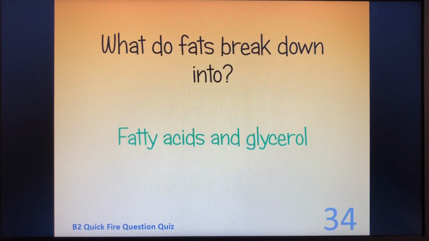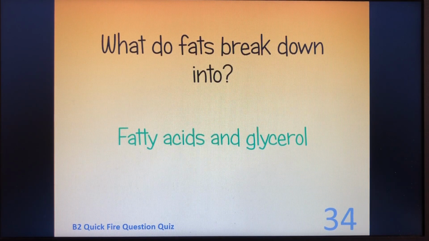People get glycogen and glycerol muddled up. So glycerol is a product of fats breaking down, and when we take our excess sugar in the body and build it up into glycogen for storage, we use the word glycogen. Okay, different substance.